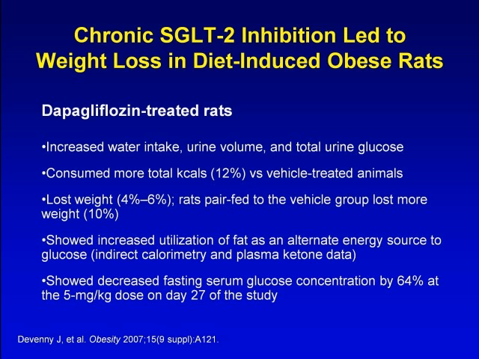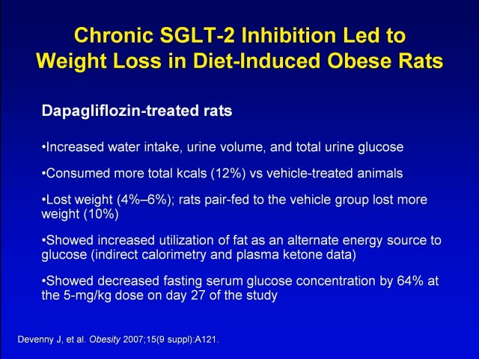This is another study where obese rats were used, and in this model they're not genetically diabetic, but they were diet-induced obese rats. SGLT2 inhibition was done with Dapagliflozin. What was noticed was an increased intake of water, increased urine excretion, and total urine glucose, which is expected.